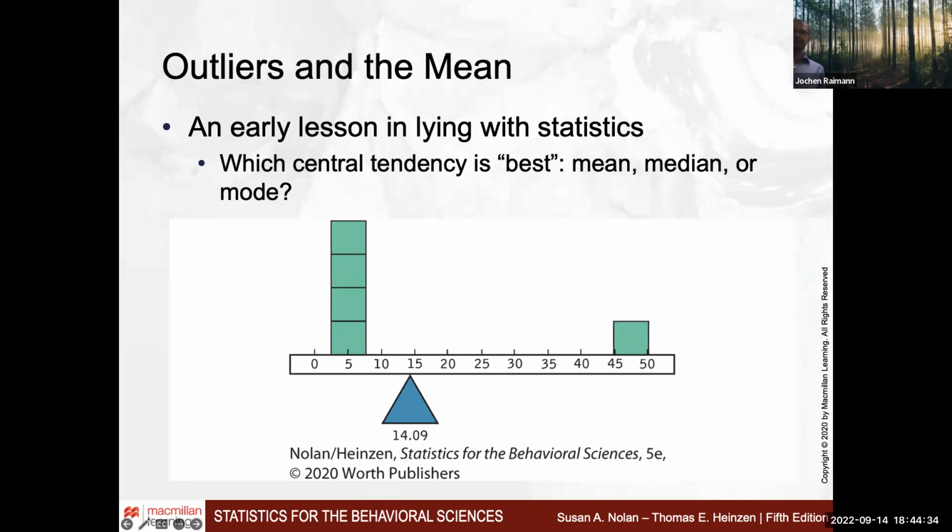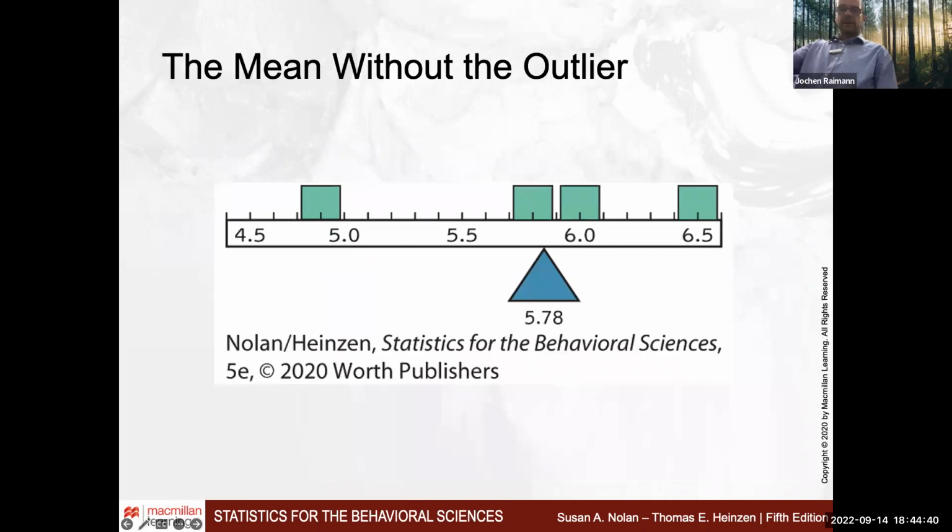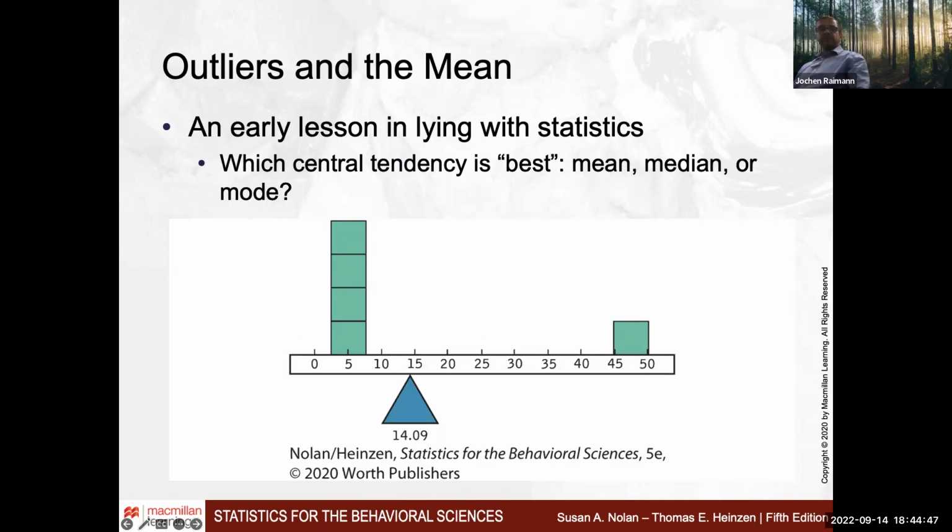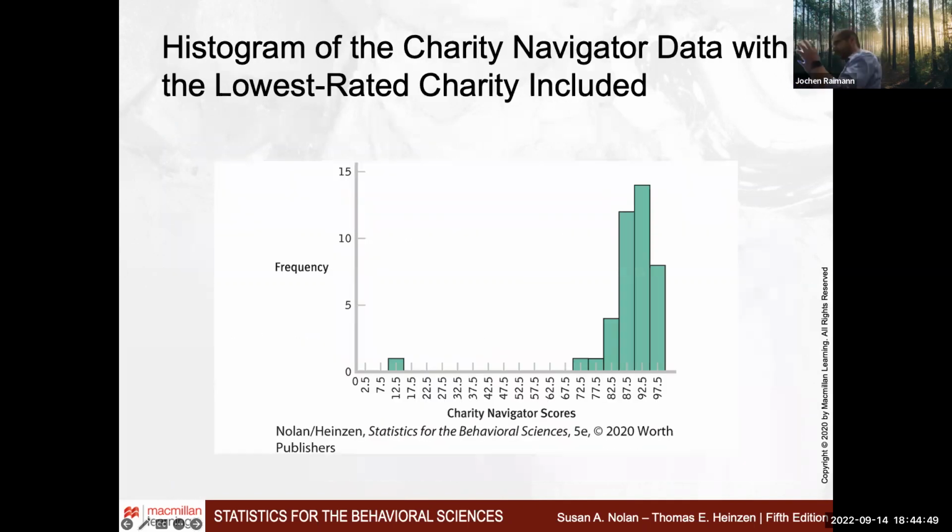Most affected is the mean because it's an arithmetic measure. So this is different data, it's not the charity navigator score. But when you think about the calculation of the mean, you basically sum all the values up and you divide them by the number of entries. You give each entry equal weight.